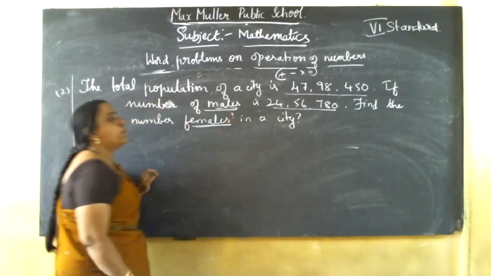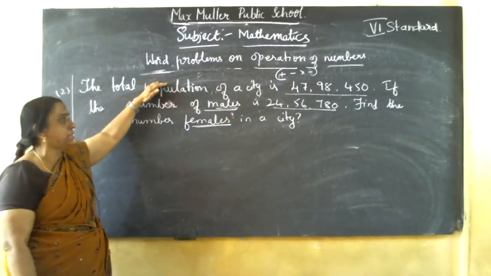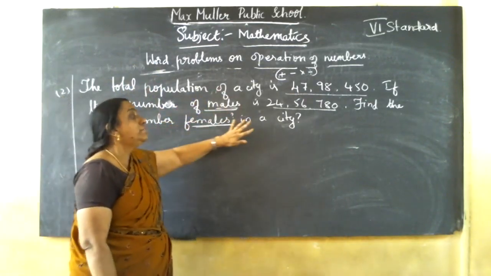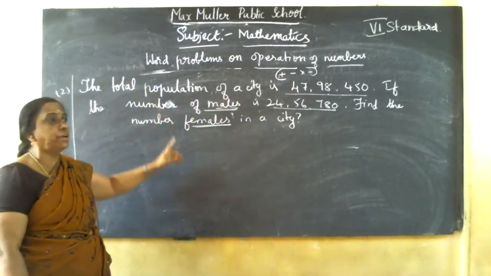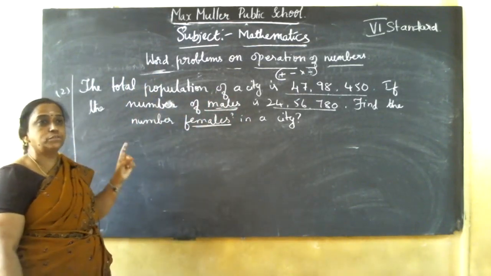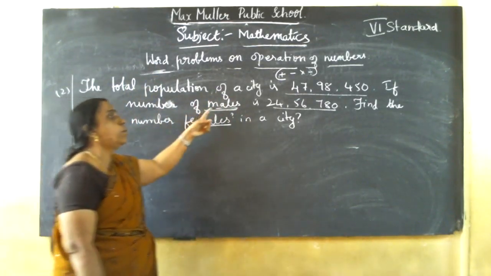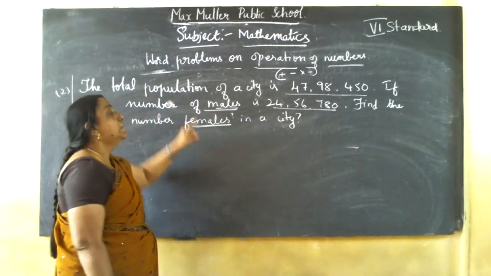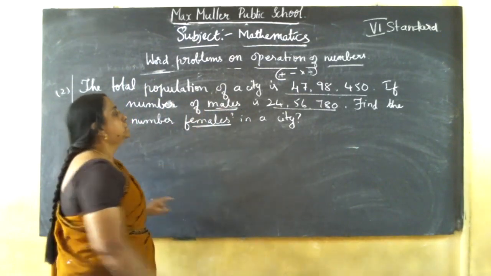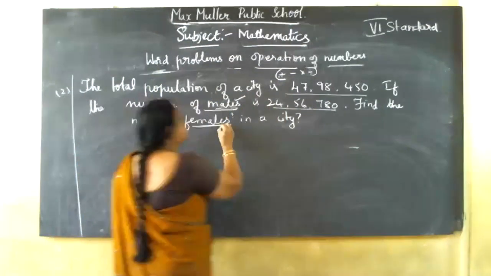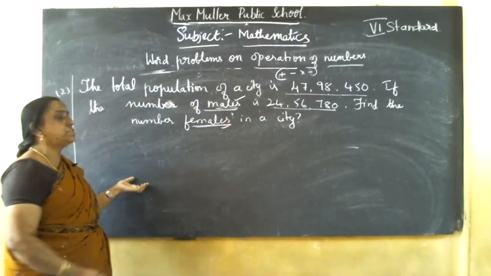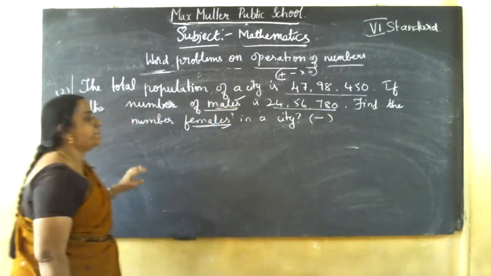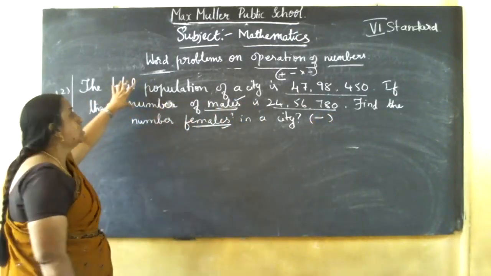You should find females. Whether it is addition, subtraction, multiplication or division, I told you how to find. If they ask all together or in all, you add; if they ask to find other, you should go for subtraction.